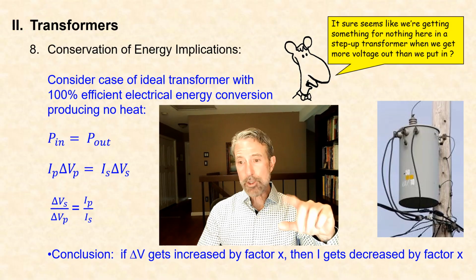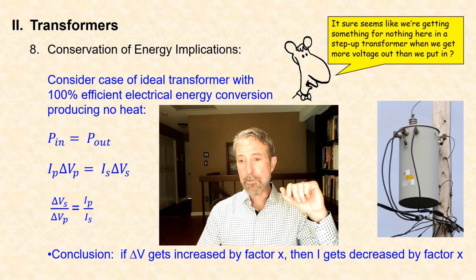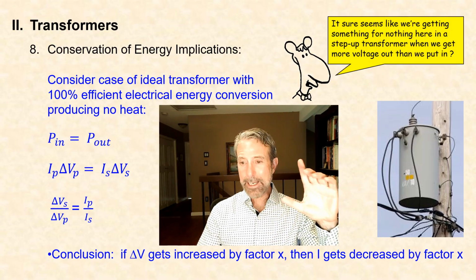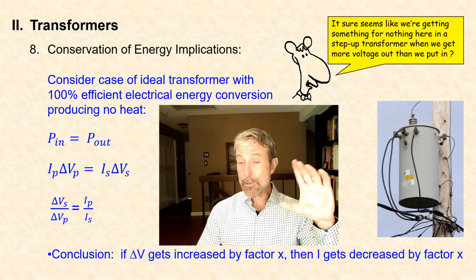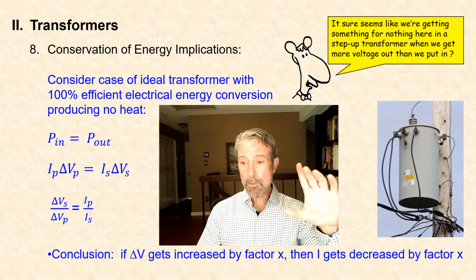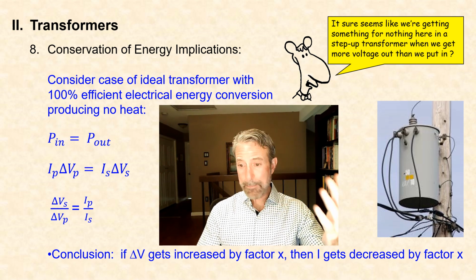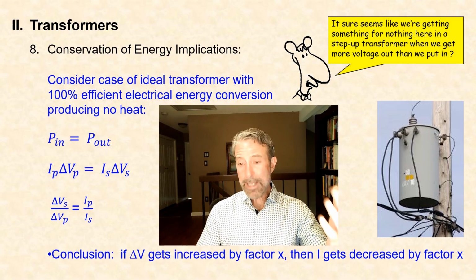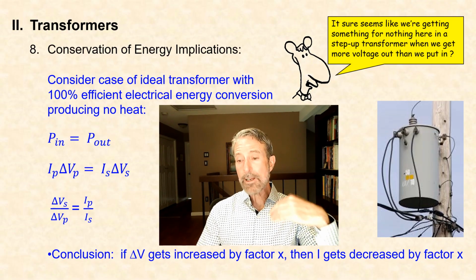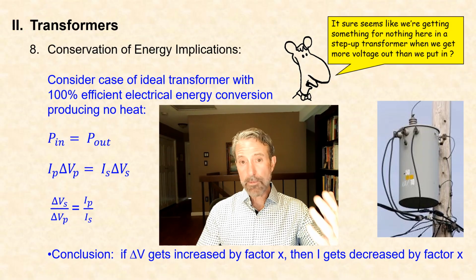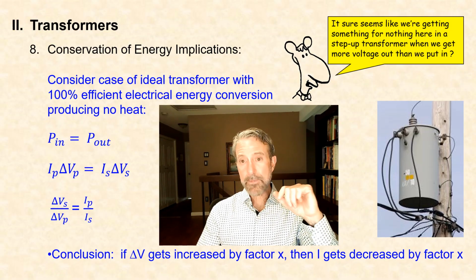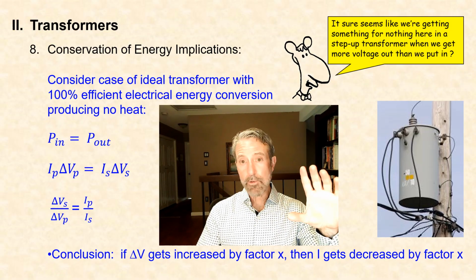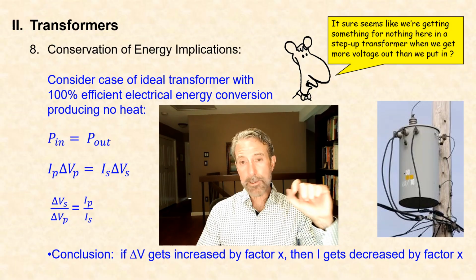So you see in the picture over here that these garbage can looking devices on the utility poles are really the transformers required to step the voltage down from tens of thousands of volts to the hundreds of volts needed in the neighborhoods themselves.